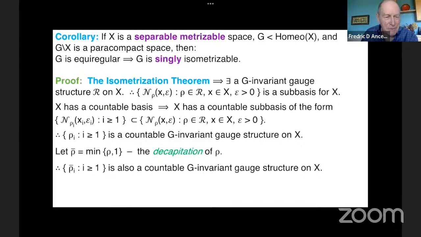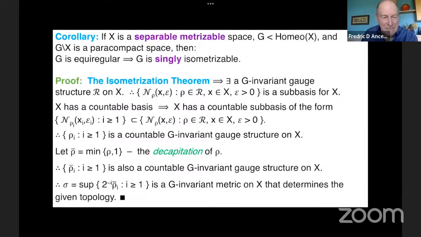And then you get another countable gauge structure, of gauges bounded by 1. And then if you just do a little trick like this, you take each of them, divide by 2 to the minus i, and take the sup.